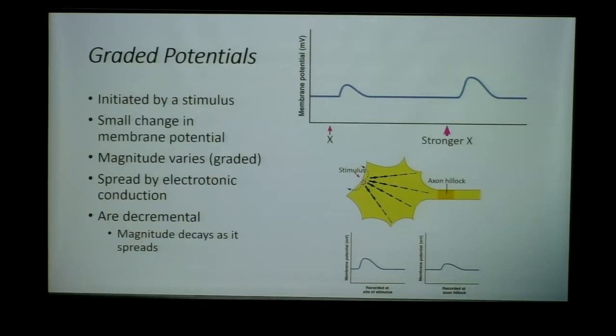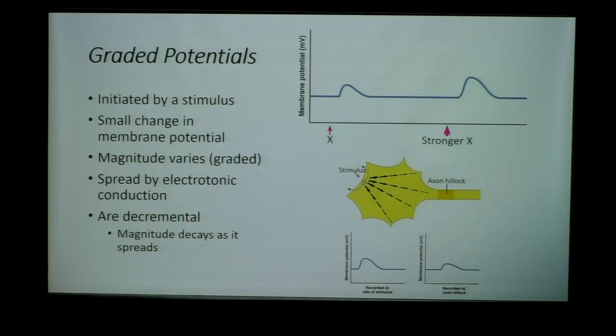Let's look more closely at a graded potential. So it is initiated by some type of stimulus. So think about a stimulus on neuron X. And these stimuli can be tactile stimuli, visual stimuli, auditory, olfactory stimuli, emotional stimuli. If you think about something, that can be a stimulus for action potentials and for nerves to be acting, right?